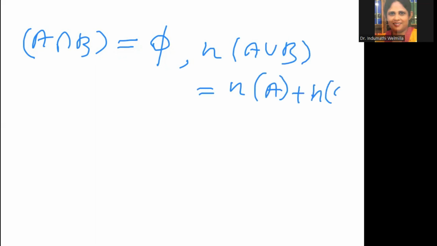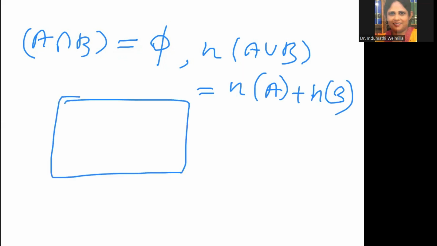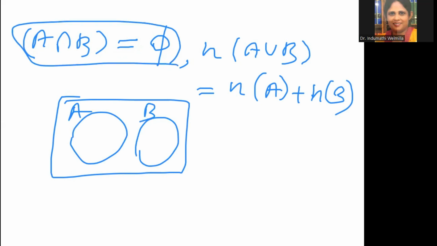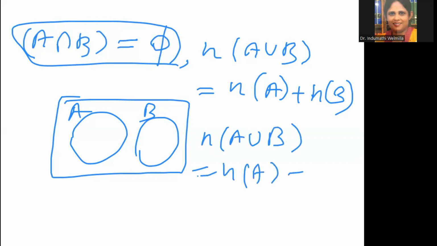Right? That means no intersection section. When we represent this situation in a Venn diagram, our A and B should be this way, no intersection, because the intersection part is 0. Then our n(A union B) should be equal to n(A) plus n(B), right? So this part and this part. That's another one.